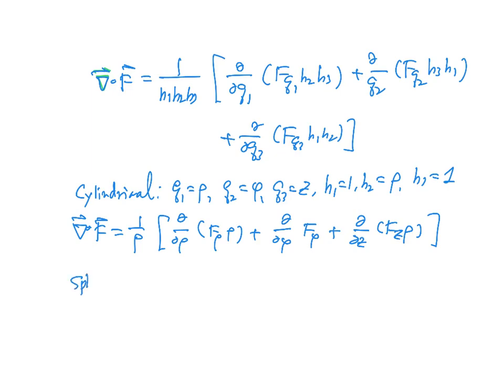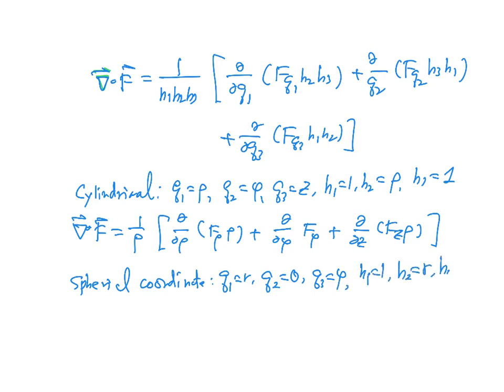Spherical coordinate. Q1 is R, Q2 is theta, Q3 is phi, H1 is 1, H2 is R, H3 is R sine theta, right?